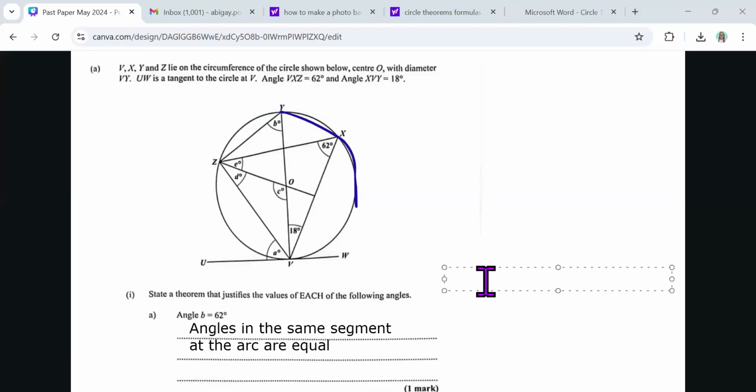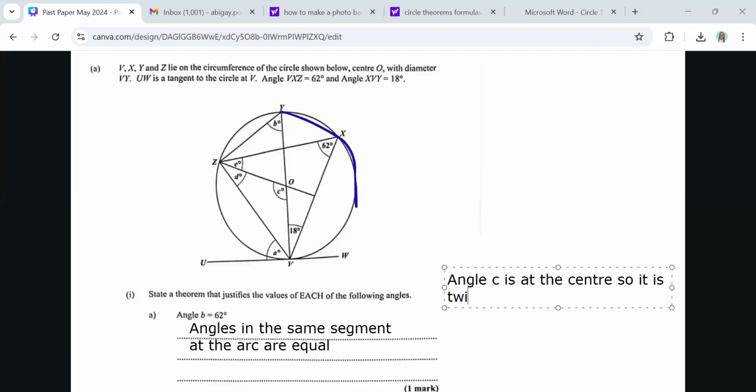So angle C is at the center, so it is twice the angle at the circumference.